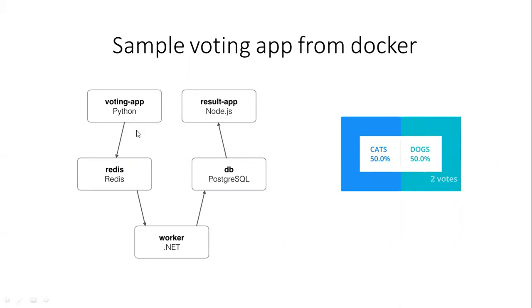Once it is voted, this will be received by .NET with the help of Redis. It will be stored in the DB, and our result app, which is developed in Node.js, will fetch these details and then display them in the dashboard. This is the workflow.